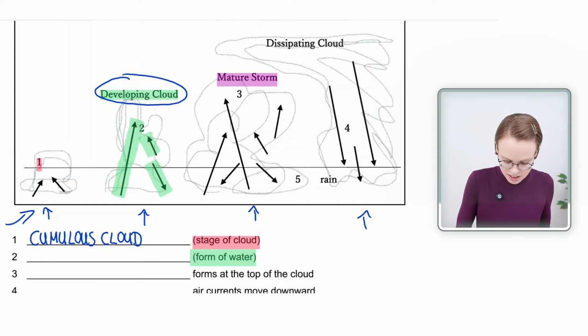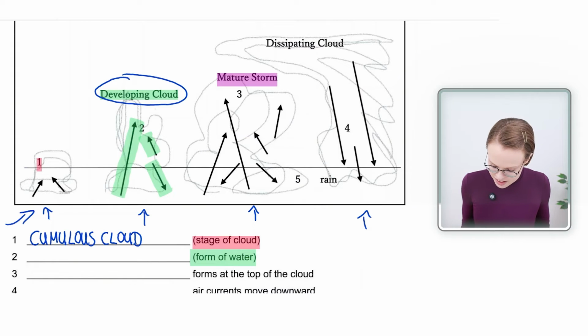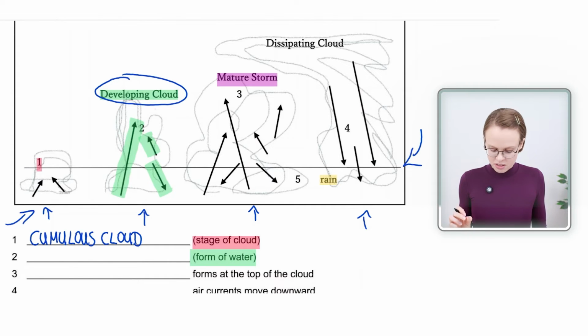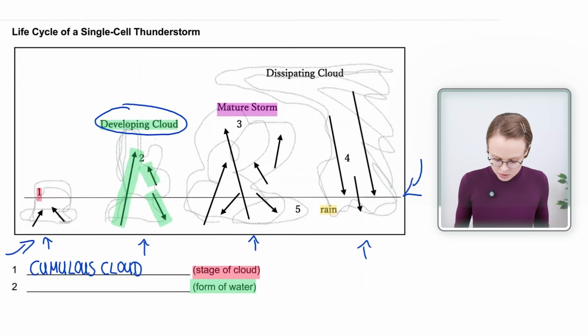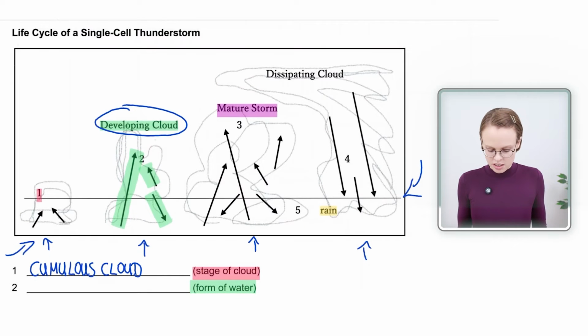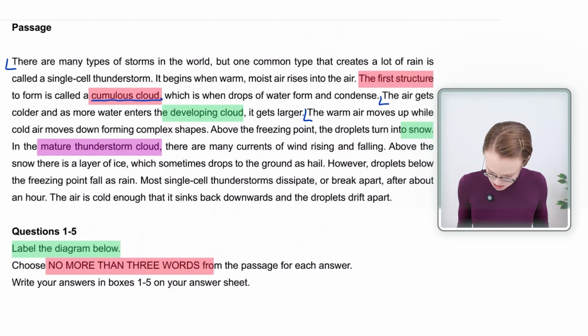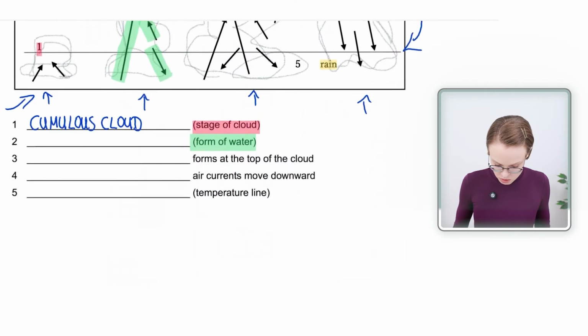As you can see, down here it says rain. And you can also see a line here. So this is very likely the freezing point. And above the freezing point, the droplets turn into snow. And snow is a form of water. So that's what question 2 is about. That's the correct answer. So we are going to write down snow here.